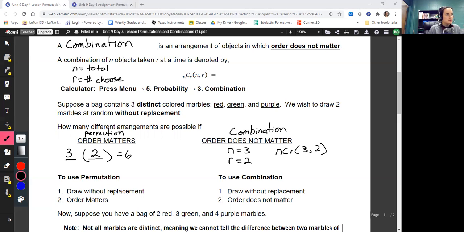So that's going to be menu, probability, combination 3, 2, and that gets us 3 possible outcomes. So if we used a combination, we'd have 3 possible outcomes. If we had a permutation where order mattered, we'd have 6 possible outcomes.